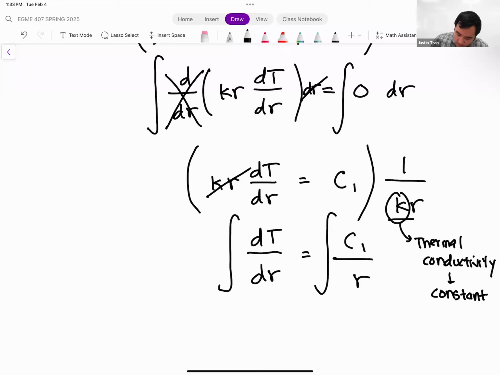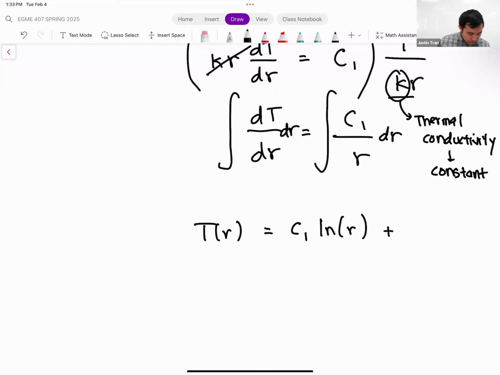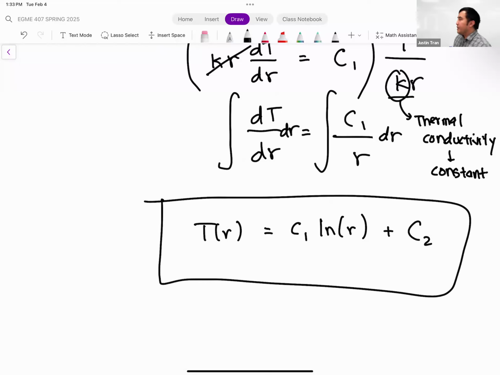So let's go ahead and integrate this one more time. On the left-hand side, we have the integral of dT/dr, and so that's just going to give us T, which is great. It's exactly what we want. And on the right-hand side, we have the integral of C1 divided by r, and the integral of 1 over r is the natural logarithm. So we have C1 times natural logarithm of r plus C2. We need our arbitrary constants there because we're doing an indefinite integral.